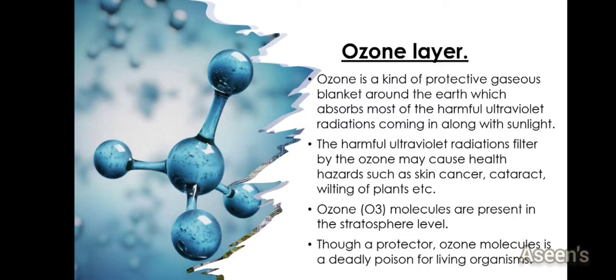Sunlight does not contain all the good radiations. There are certain radiations, specifically the short ultraviolet radiations, UV radiations, which are not at all good for the living organisms or living components on this earth.